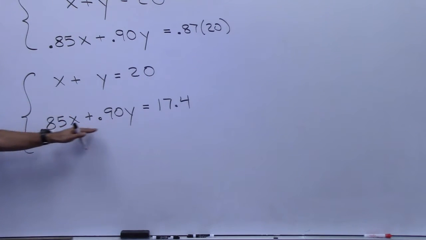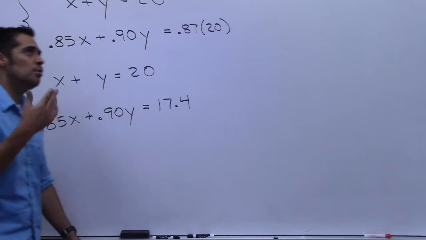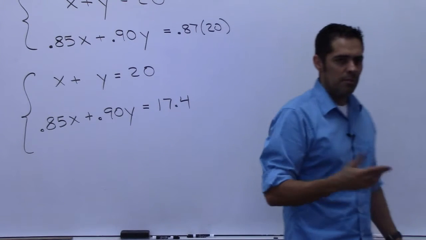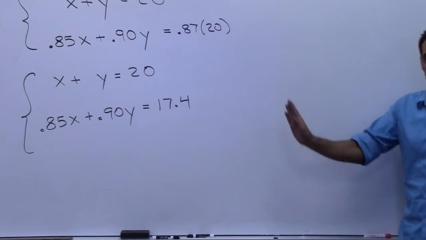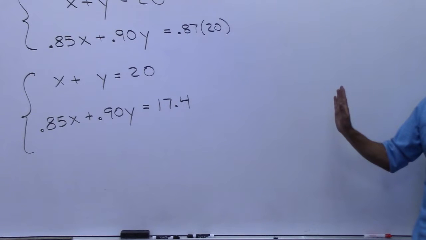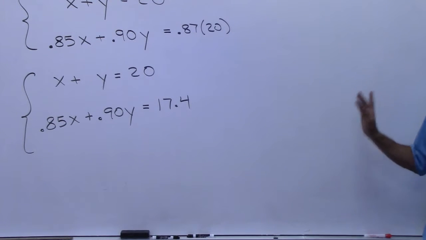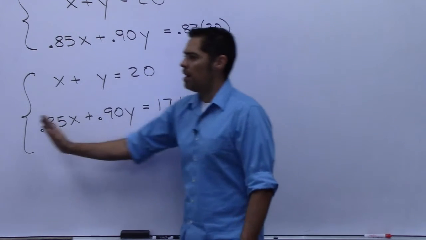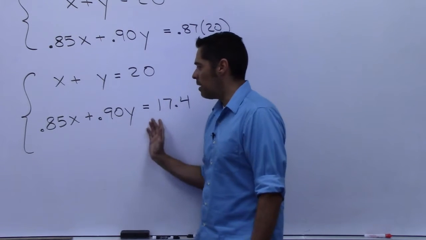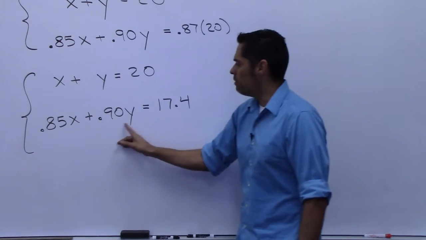So how can I get rid of these decimals? Put it over 100. You could write them as fractions, yes, but how can you move decimals around? You multiply by 10, we'll move it to the right 1 time. Multiply by 100, we'll move it twice. I'm actually going to multiply both sides of this equation by 100 to move this over twice.